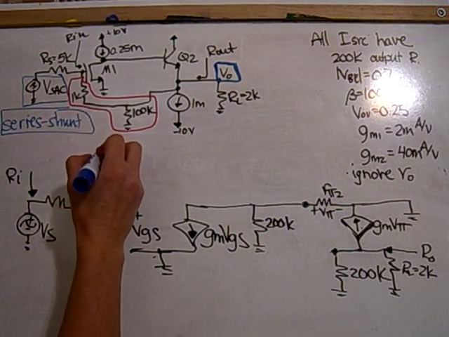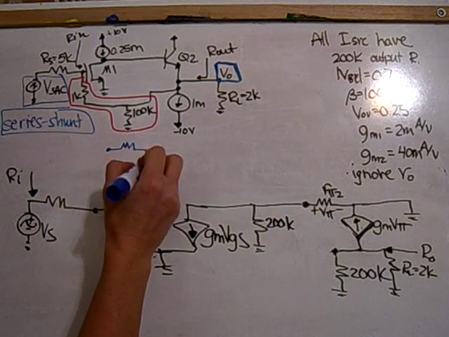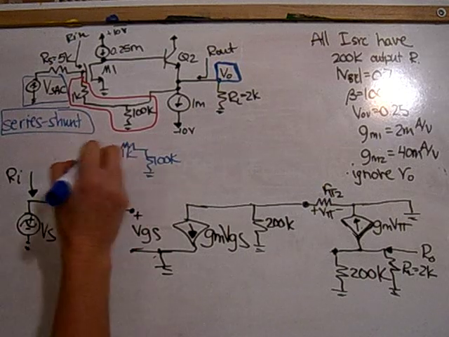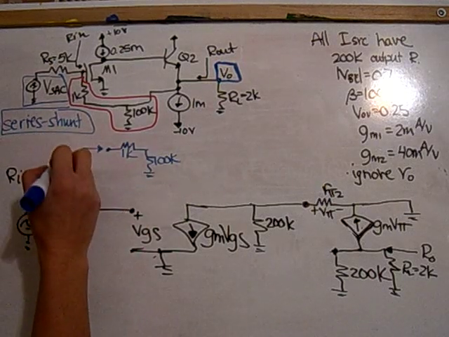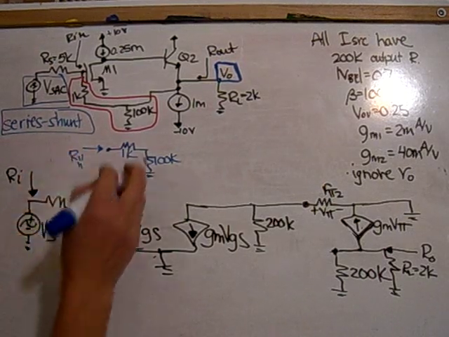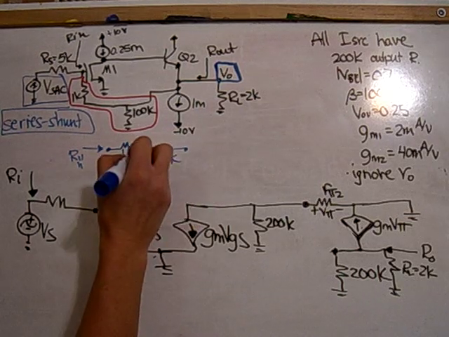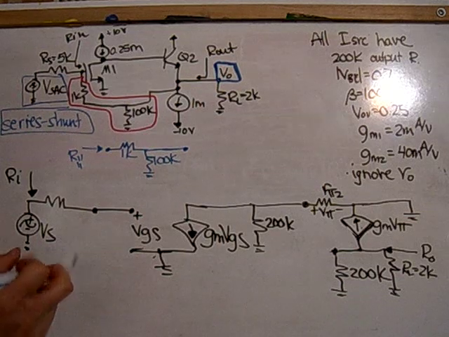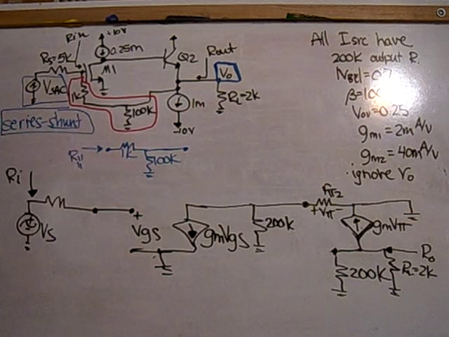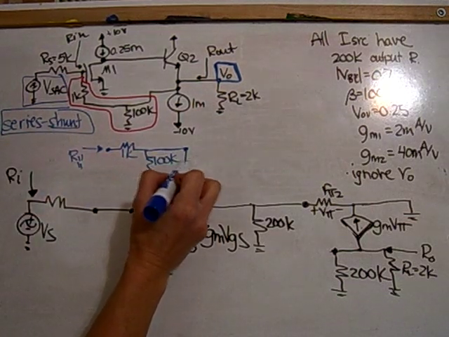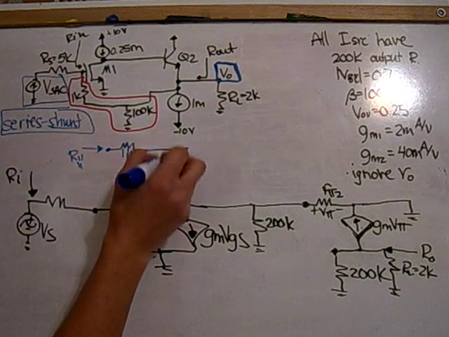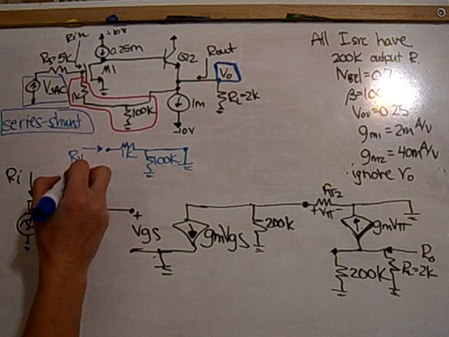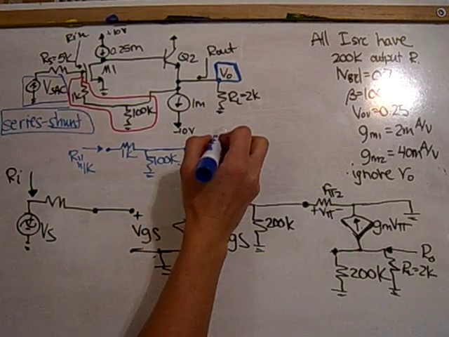So I redraw this feedback portion, and I look in on this side for R11, and I have to look at where it connects on this side, which is here at this location. So I look at what's on that side. It's a shunt, so I short this. If it was series on this side, I would leave it open, and I have 1K is my value for R11.